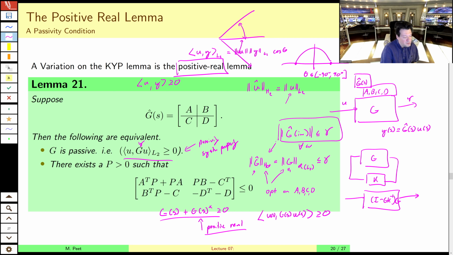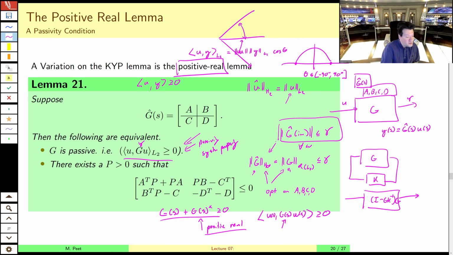So we can relate another property of the transfer function to a property of the input-output system. That's very nice. That's not really a result, that's just sort of definitions.